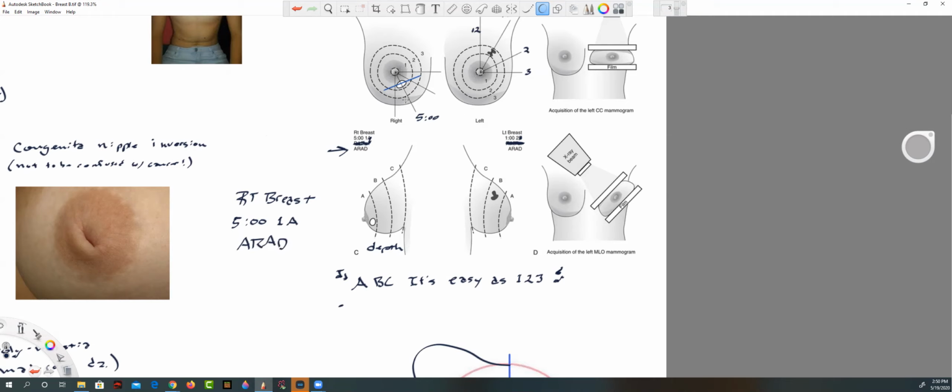If I change my transducer position, like my very next image, to that, then my next picture is going to be right breast 5 o'clock, 1A, because the 5 o'clock doesn't change.